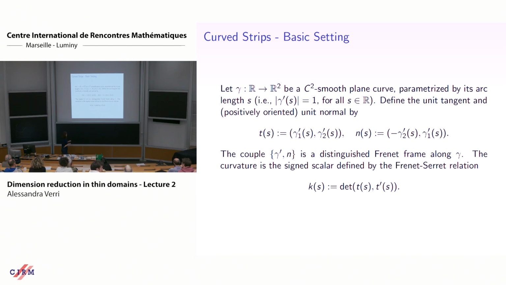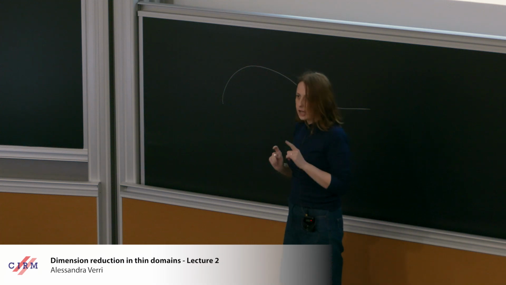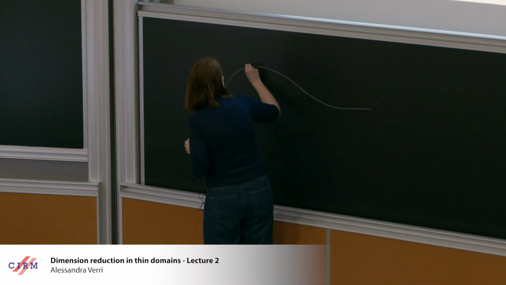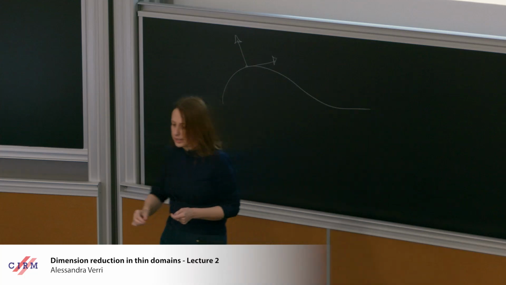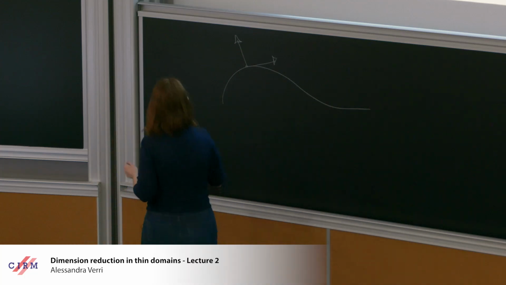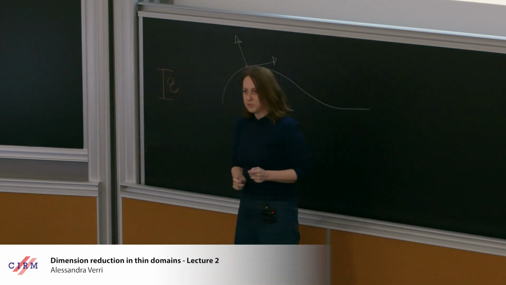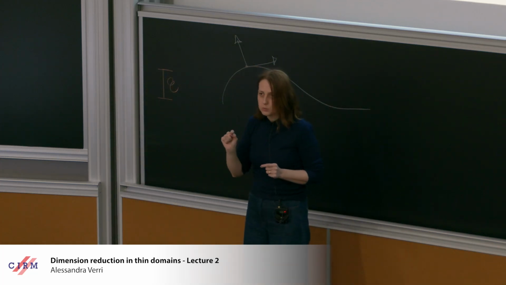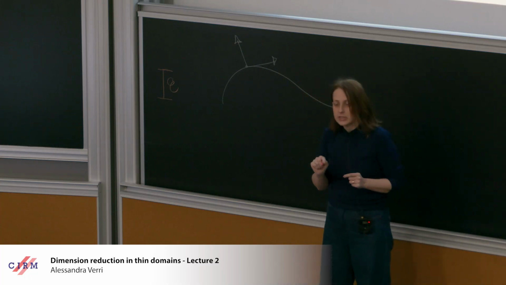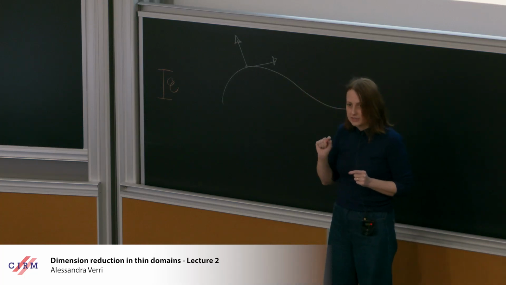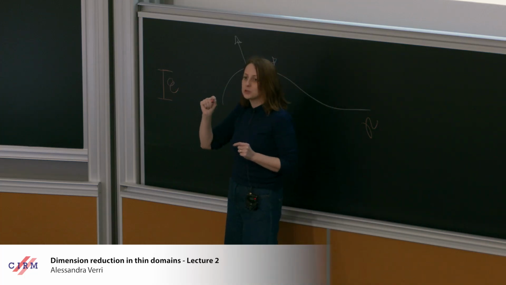The construction of the strip: here you have our curve. At each point, we have the tangent and the normal vector, and then we fix a segment of length epsilon, and this segment will move along gamma, so that at each point of gamma, this segment is always parallel to the normal vector.